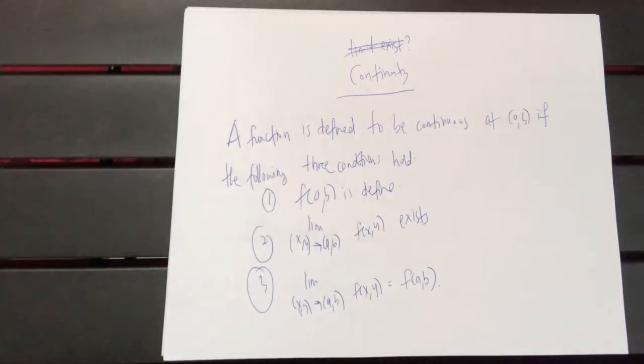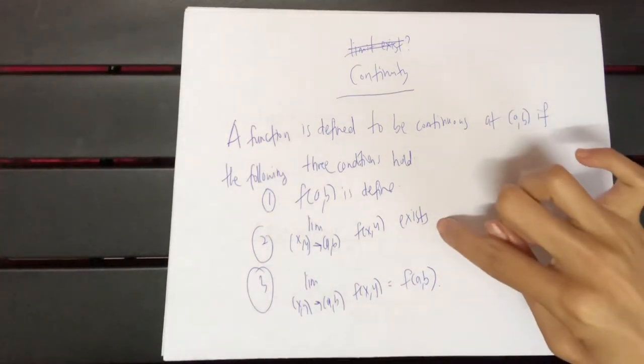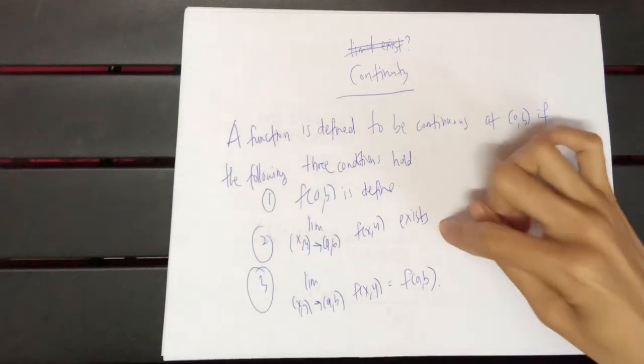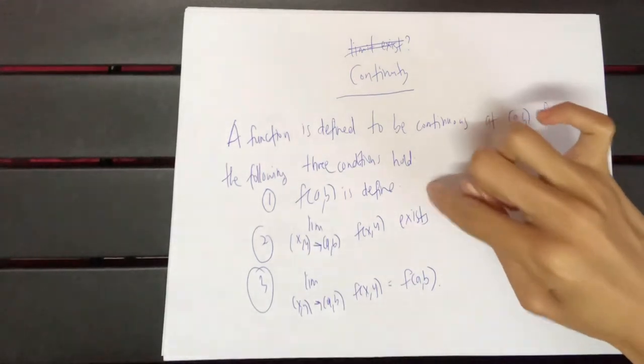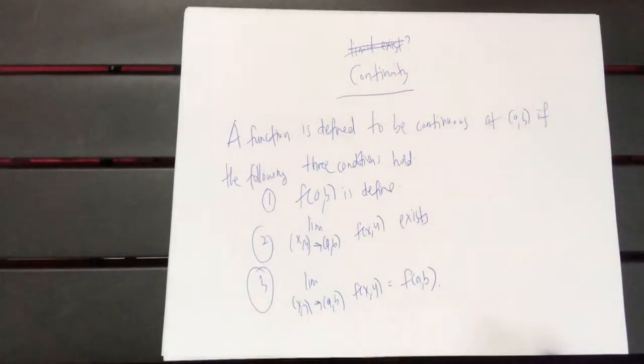Step number 3: the limit must be equal to f(a, b). For step 3 there is no calculation needed, because condition number 3 means the answer you get from number 2 is equal to the answer you get from number 1. That's all, you just write it back.